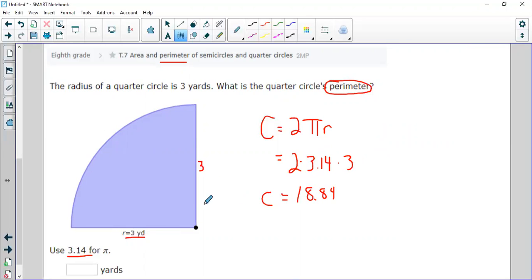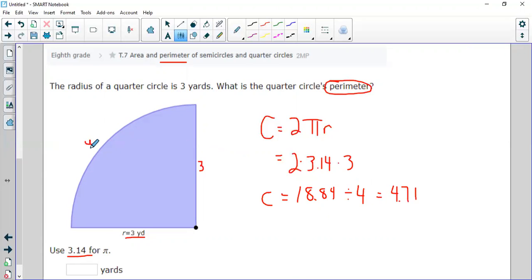But that's the circumference of an entire circle. We don't have an entire circle. We only have a quarter of a circle. So we're going to take this and we're going to divide it by 4. Because that's going to give me what a quarter of it is. So divide by 4 gives me 4.71.